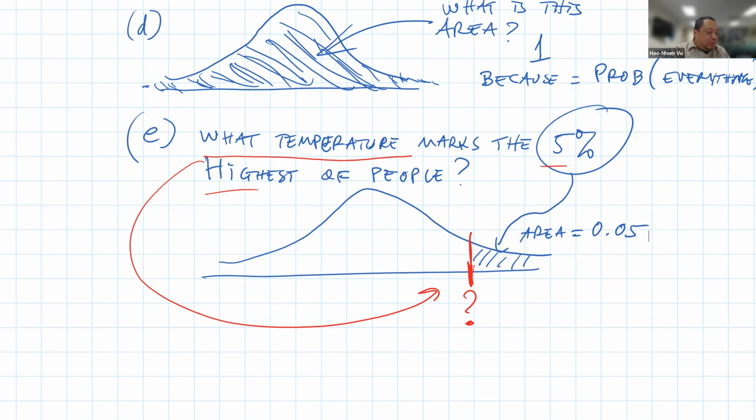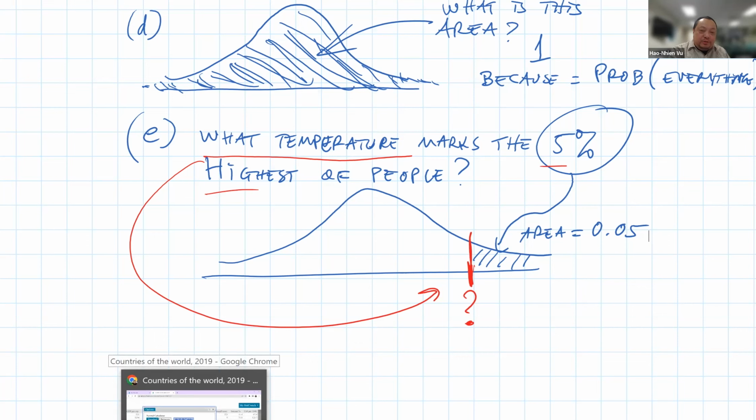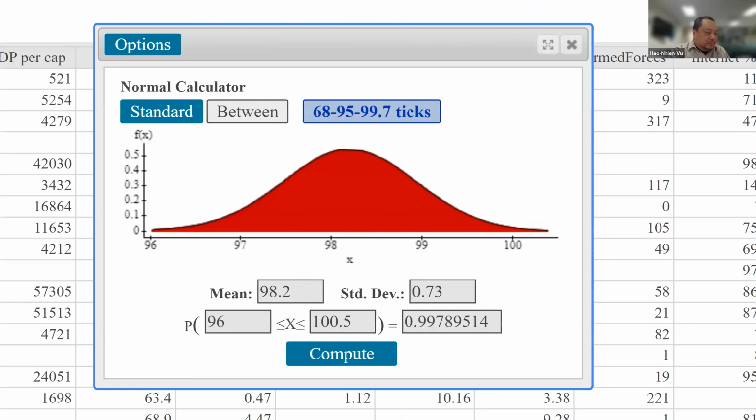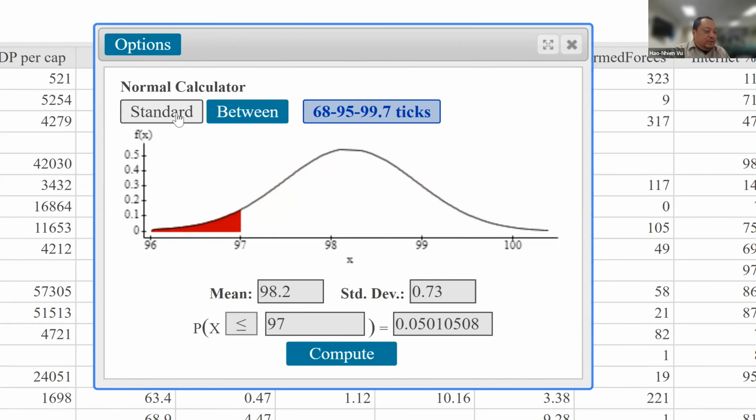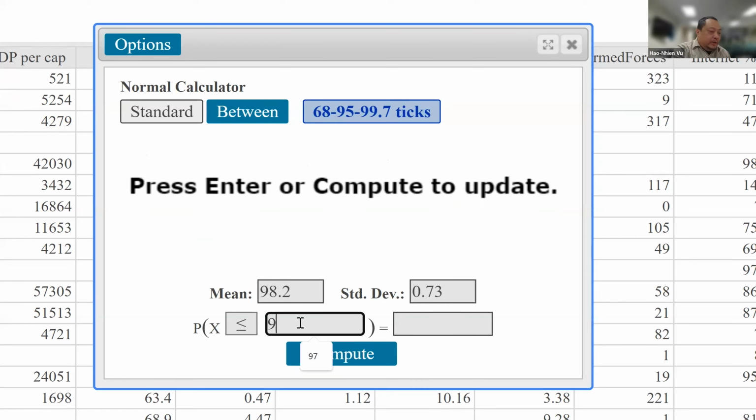So look at your notes while I switch over to StatCrunch. First of all, we're not in between situations, so it's standard. I'm going to move it here. All right, now, what is it that we don't know? We don't know this number, right? The temperature we don't know. So we're going to erase it out because we don't know it.